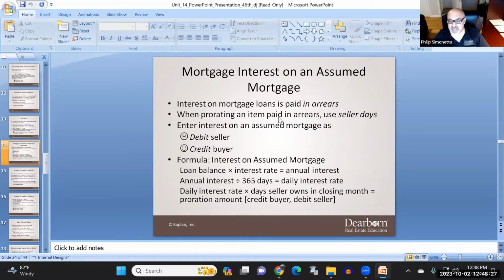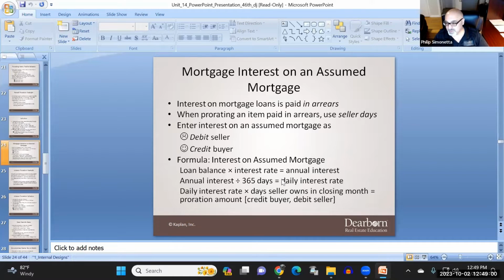When prorating an item paid in arrears, you use seller days. That means the day of closing belongs to the seller when it's in arrears, okay? And you always debit the seller and credit the buyer. So the formula for interest on an assumed mortgage: you take the loan balance and multiply it by the interest rate, and that gives you the annual interest. You divide the annual interest by 365 days to get the daily interest.